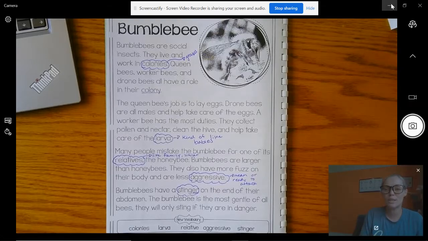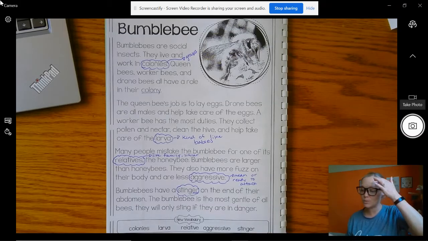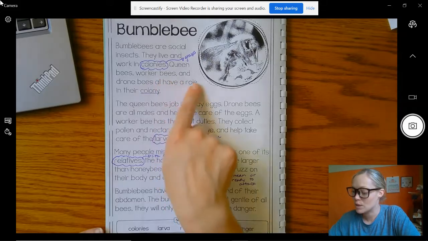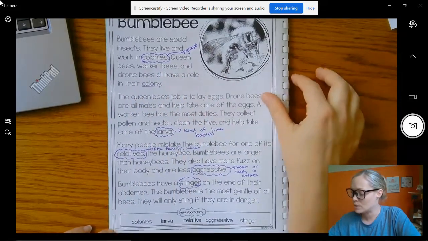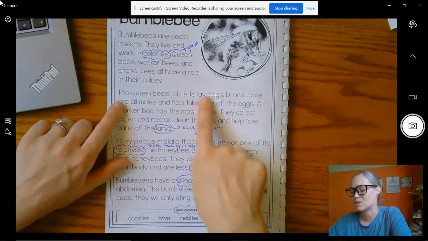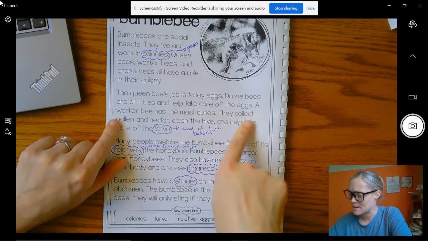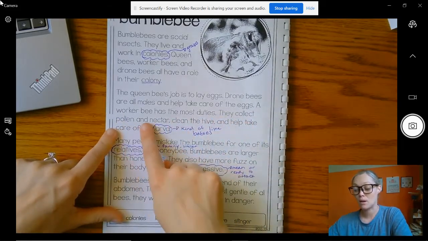My next question is, what can it do? So what can a bumblebee do? They live and work in colonies. Worker bees, drone bees all have a role. So anything special they can do? They can all lay eggs. Oh, they can collect pollen and nectar.